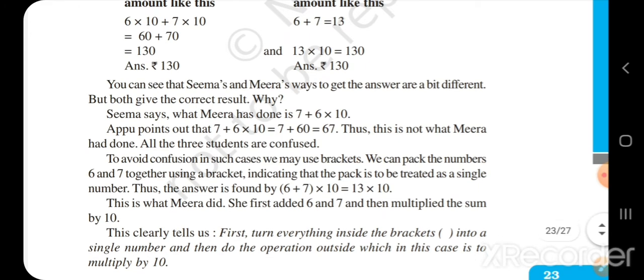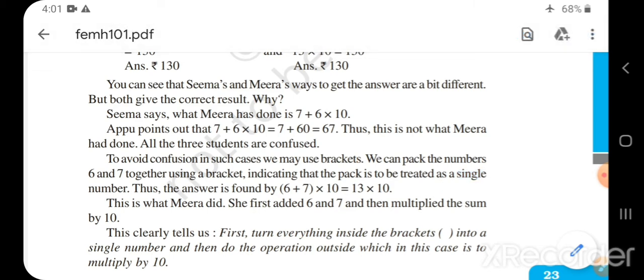So first of all we solve the bracket. 6 plus 7 is equal to 13, into 10, 130. This is what Meera did. She first added 6 and 7 and then multiplied the sum by 10. This clearly tells us first turn everything inside the brackets into a single number and then do the operation outside, which in this case is multiplying by 10.